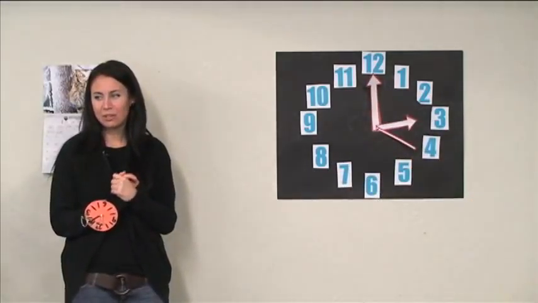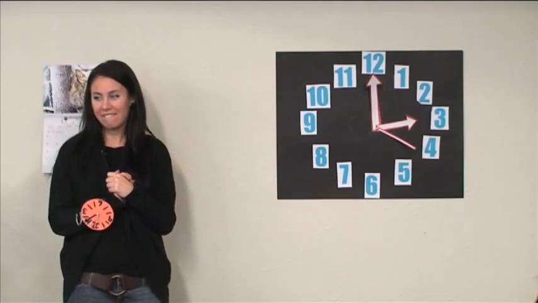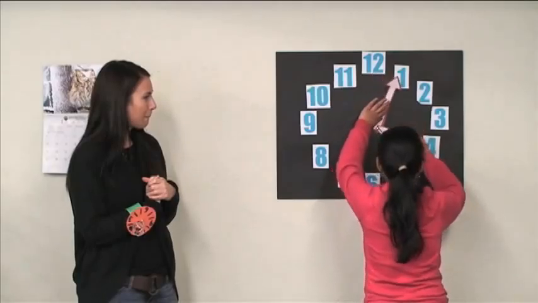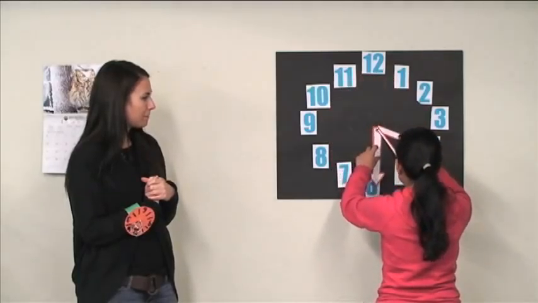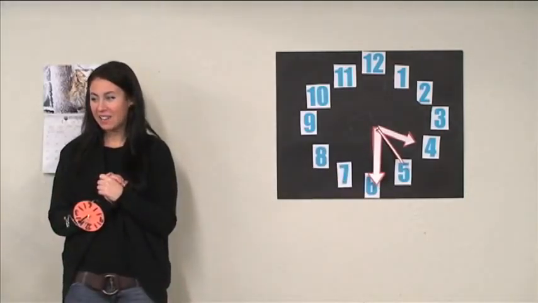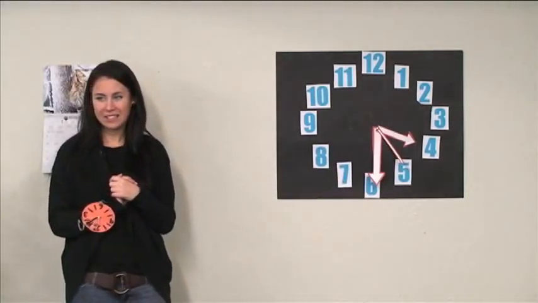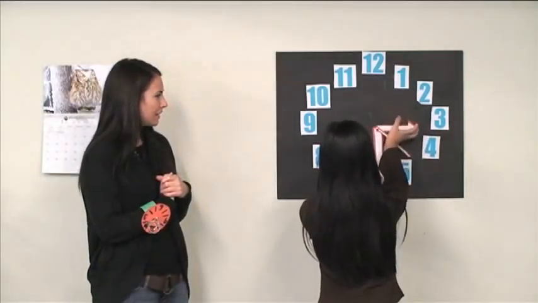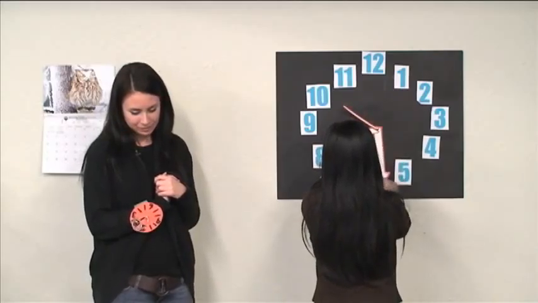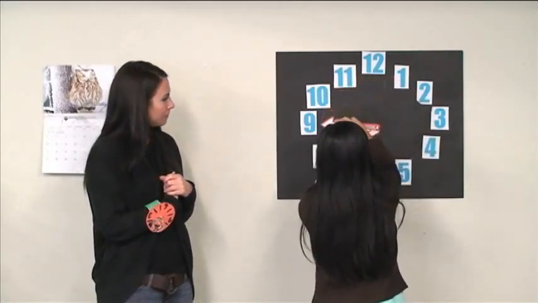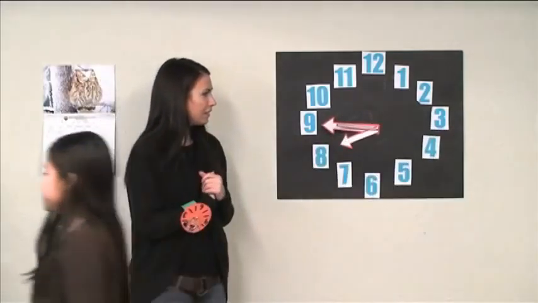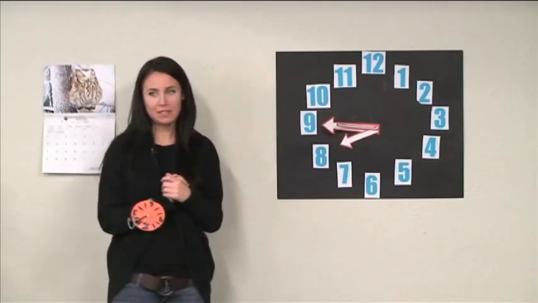So Blue, could you show us 4:30? Good job. And Arizani, could you show us 8:45? Good job. Okay. So you guys are really good at finding what time it is.